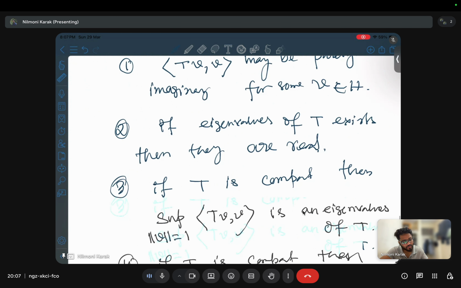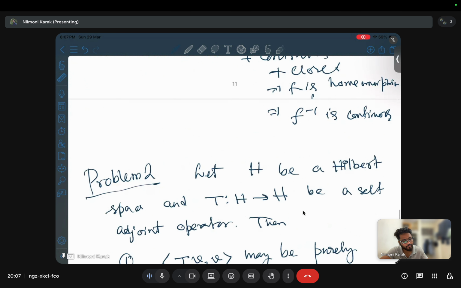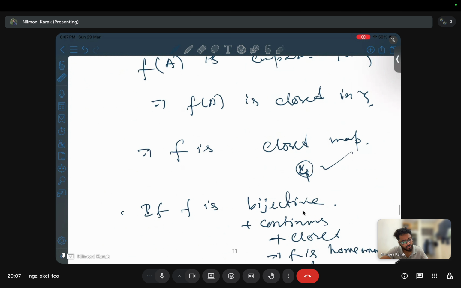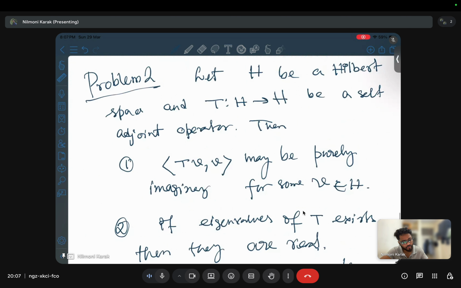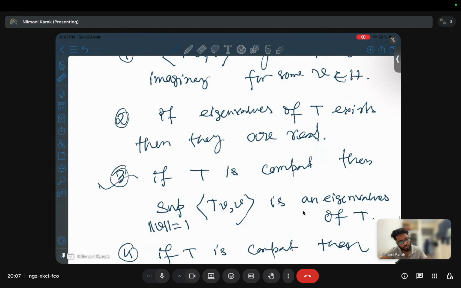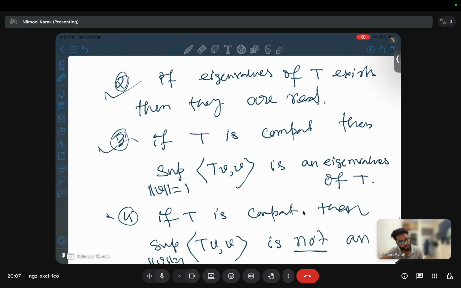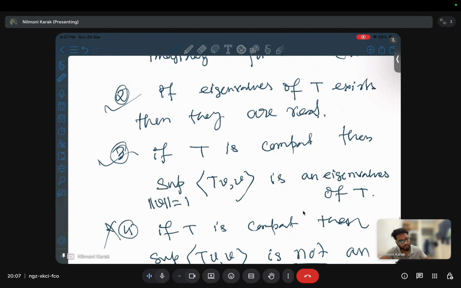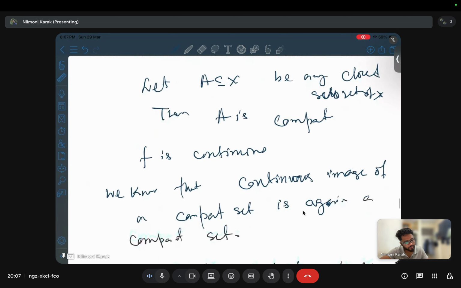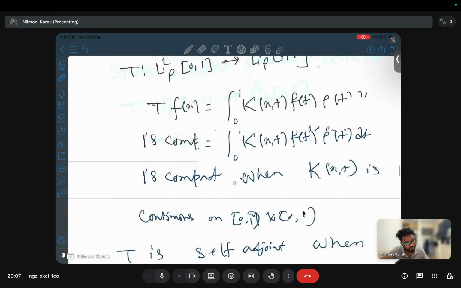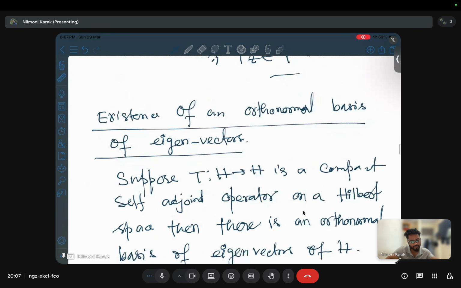And 3 is the theorem we have seen. So due to that theorem, this is true. And 2 and 3 are correct, so 4 is not correct because 3 is correct. And the theorem is what we just stated before.